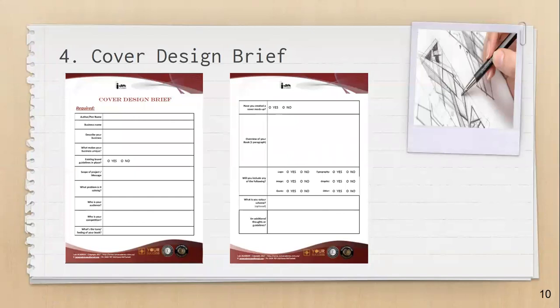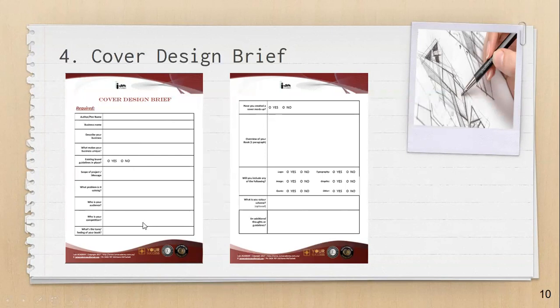So we'll move on to the next step, which is the cover design brief. Now, this template is available for you, and I strongly recommend that you do utilize it. This cover design brief is to assist you to collate your information for both yourself and potentially for professional services. So it includes a section for your one paragraph.